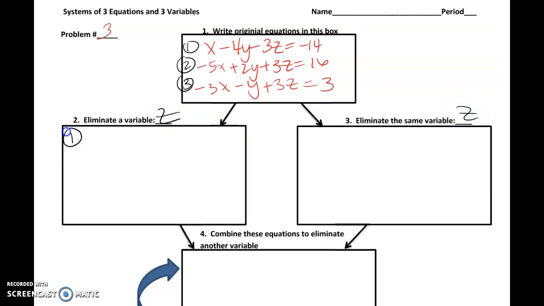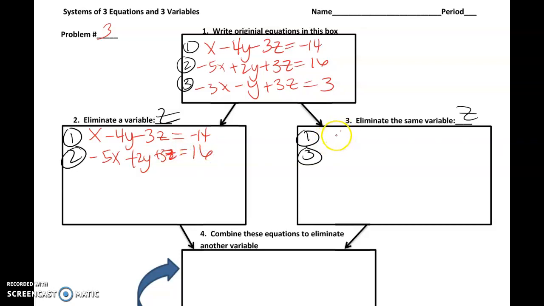And I'm going to take equation 1 and equation 2, and equation 1 and equation 3, and I get x minus 4y minus 3z equals -14, -5x plus 2y plus 3z equals 16, and over here x minus 4y minus 3z equals -14, -3x minus y plus 3z equals 3.